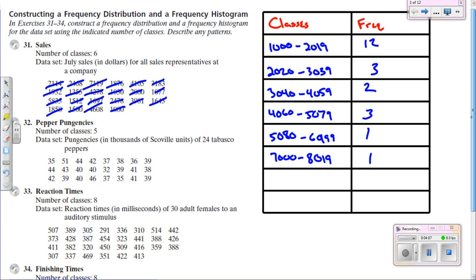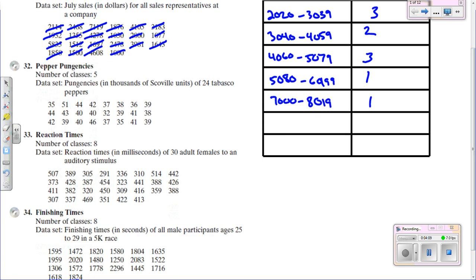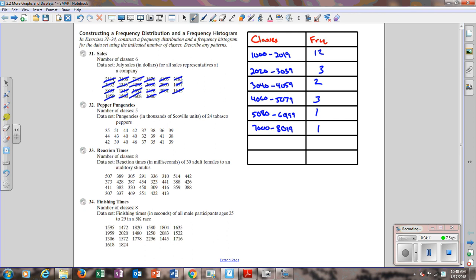Now we have to make a frequency histogram for this. Which means I'm going to need to draw some lines in.